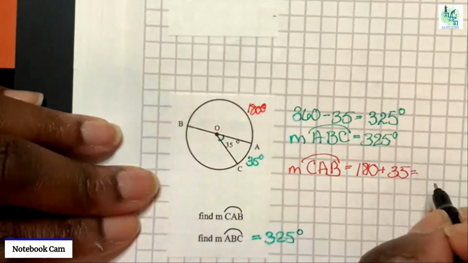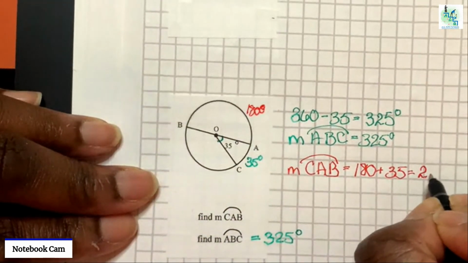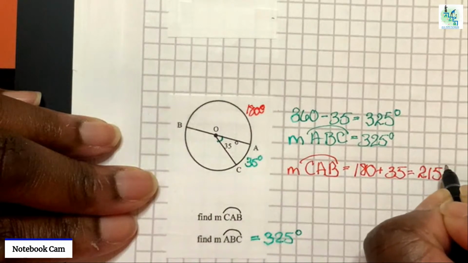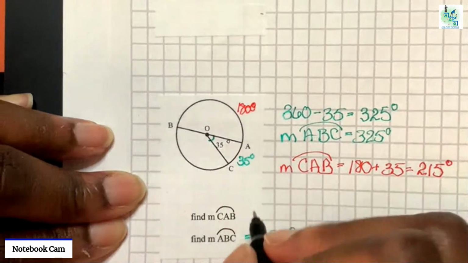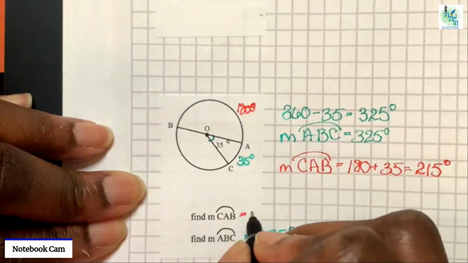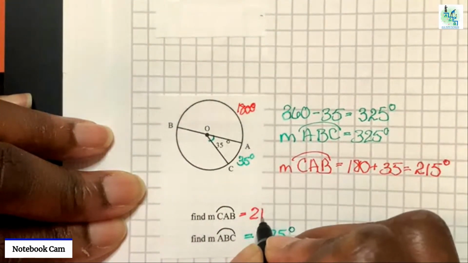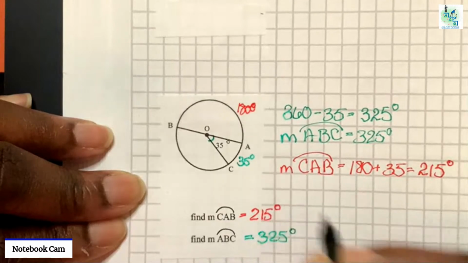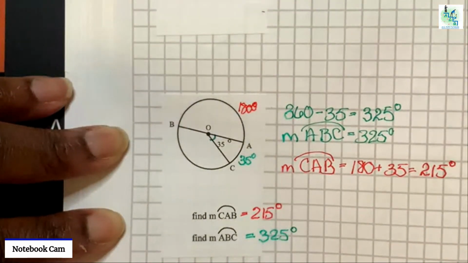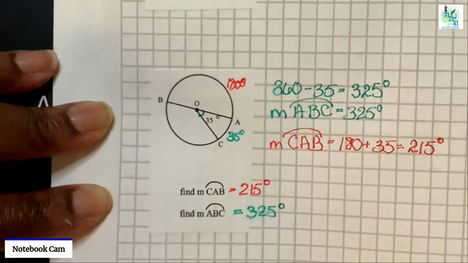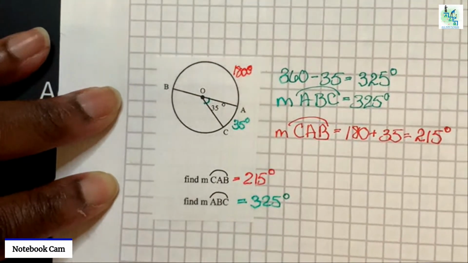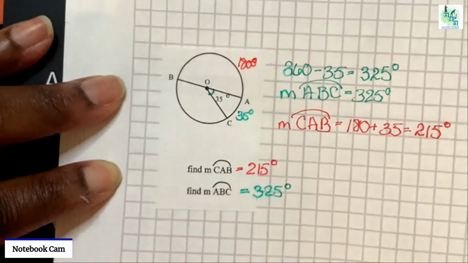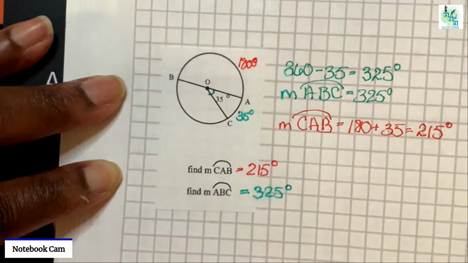So that will give me 215 degrees. Okay, so that would be the measure of arc CAB. Even though I'm just going through it, just kind of remember, you just have to know the difference between the central and the inscribed.